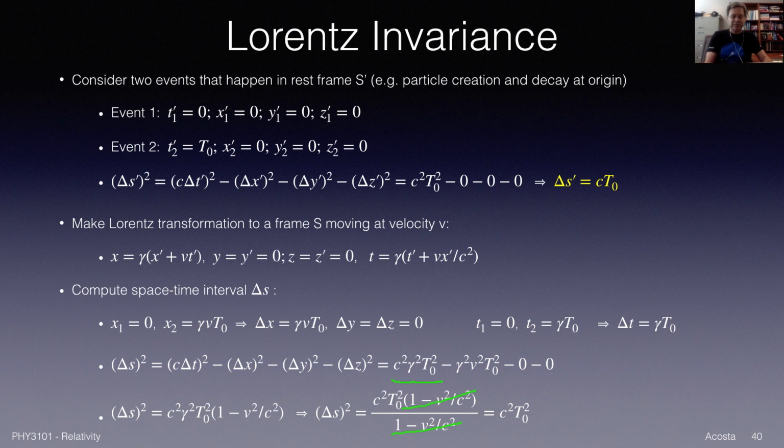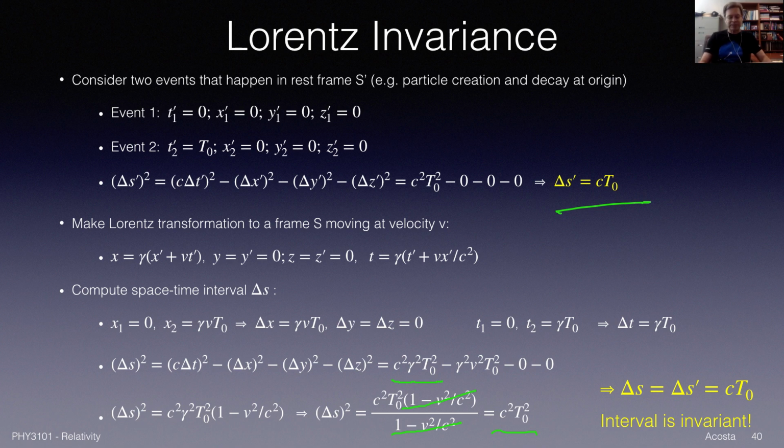And what I'm going to be left with is just c squared t naught squared. Or put another way, delta s, when I take the square root, is just c t naught, but c t naught is indeed what we found up above in frame S prime as well. So the interval is indeed invariant.